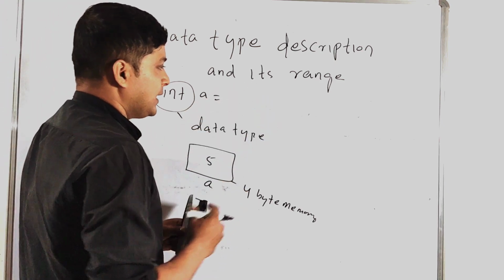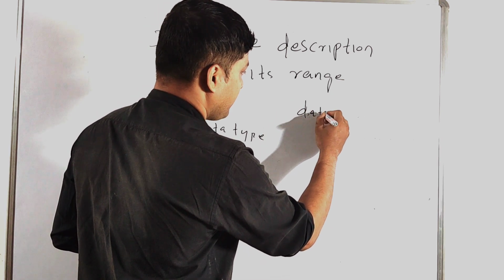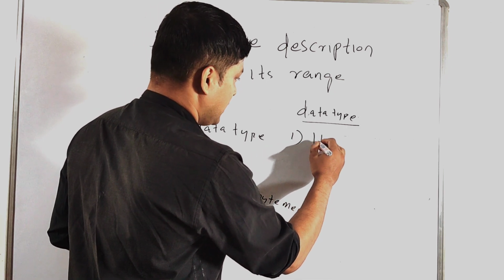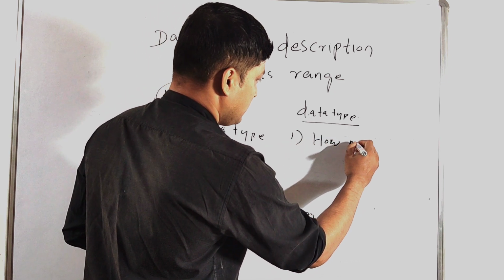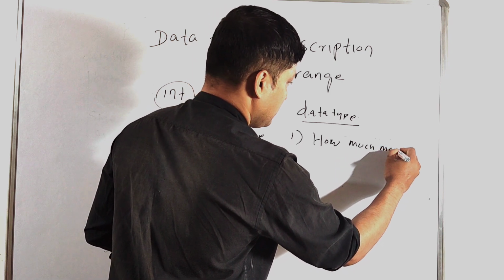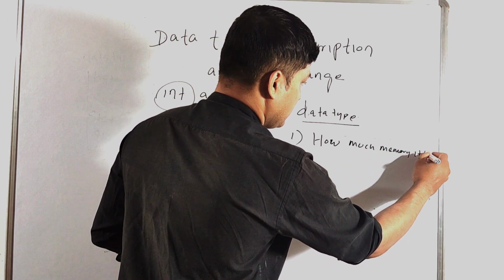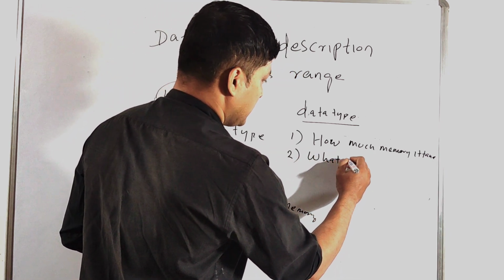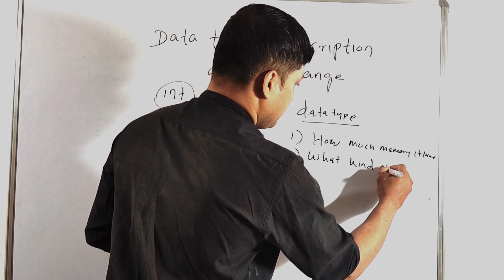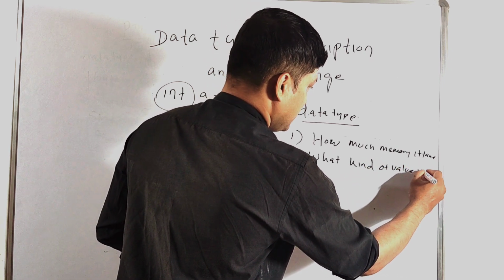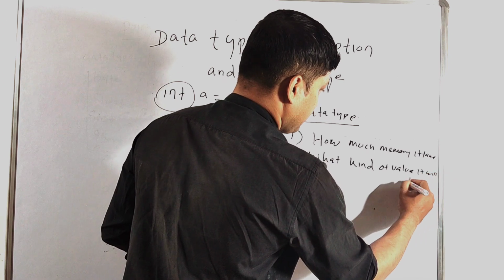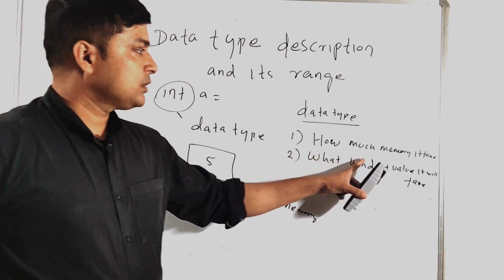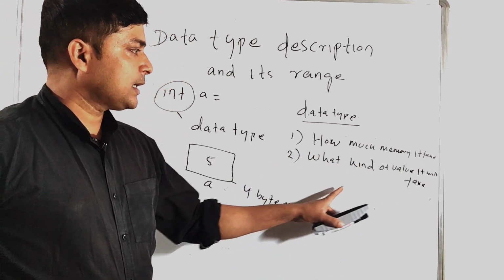When you write a data type, it has two parts. First, how much memory it takes. Second, what kind of value it will take.